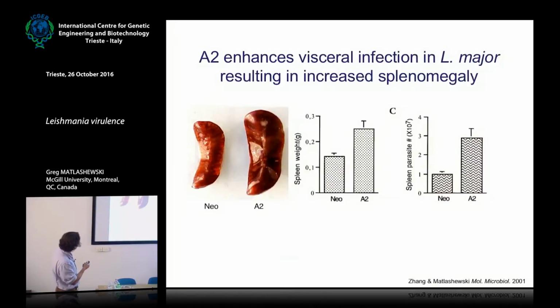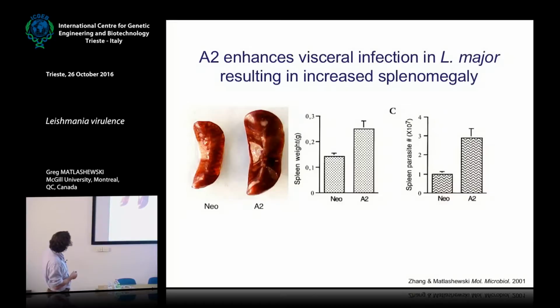And what we found is that when L. major had the A2 gene, you did get an increase in infection as well. You see, we had about a 4-fold increase, and this was repeated many times. So it was able to enable L. major to survive better in the spleen. Not a huge difference, but there was a clear increase here.